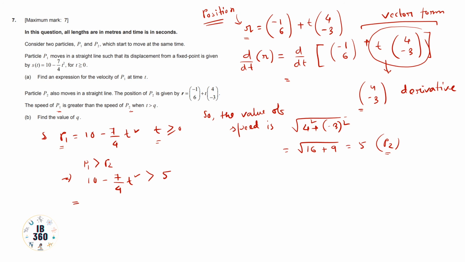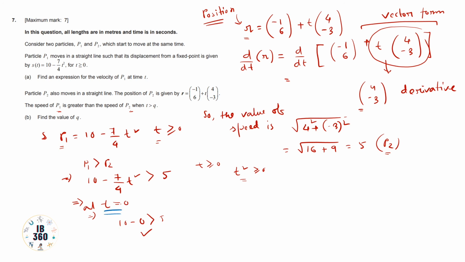Since t is greater than or equal to 0, obviously t square will be greater than or equal to 0, so the first value will be 0. At t equals 0, we have 10 minus 0 greater than 5. Yes, it is satisfying the equation. So t equals 0 can be a value.